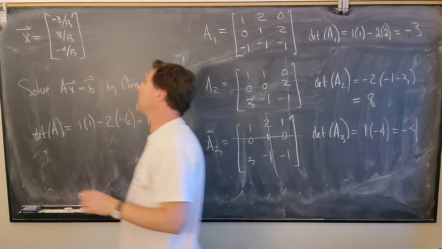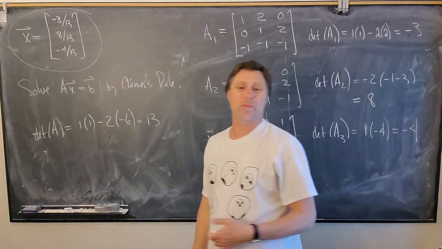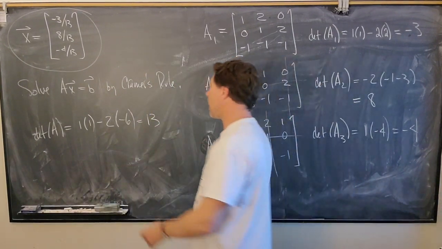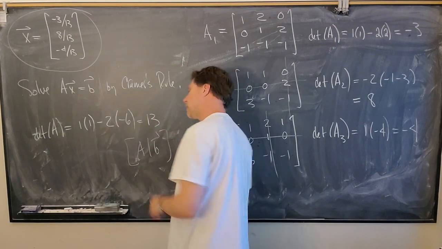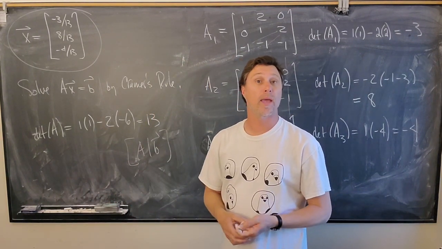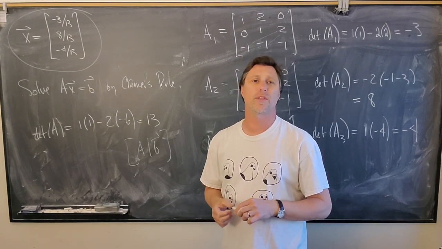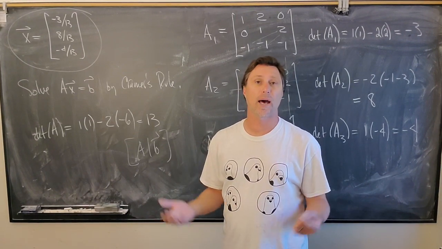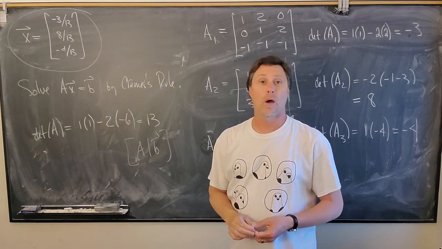That is exactly the same answer that you would get if you computed A inverse and multiplied it by B, or if you did row operations and reduced the augmented matrix that looks like A, B. You get the same answer. So this is one more way to compute the solution. I think of Cramer's rule more as a theoretic process or a theoretical result. I don't use it a whole lot in practice, but it does work, and in this case it actually was kind of nice. All right, see you next time.